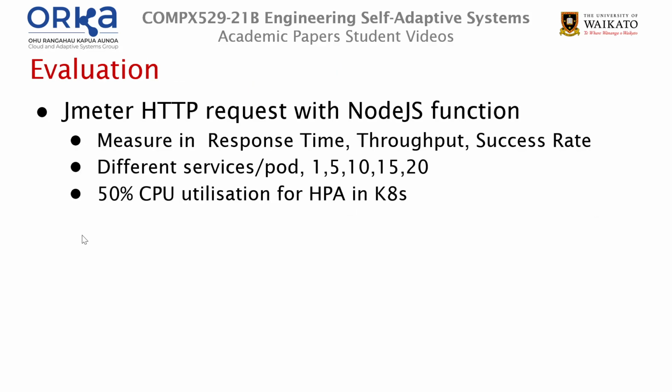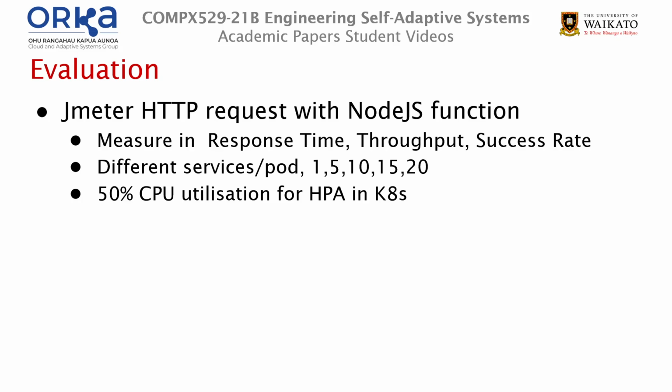How did they evaluate it? Throughout the environment setup, the author generated multiple test cases with JMeter and created a Node.js function that was installed in each framework to receive the HTTP requests sent by JMeter. As mentioned before, the paper evaluated quantified values in terms of mean response time, throughput, and success rate across 4 open source frameworks with 1, 5, 10, 15, 20 services per device.